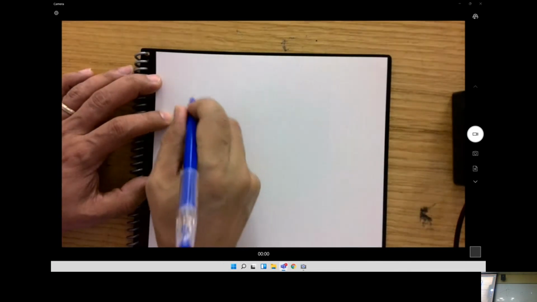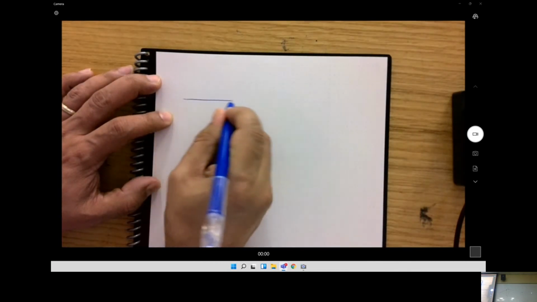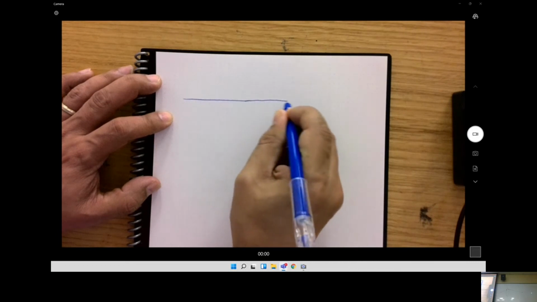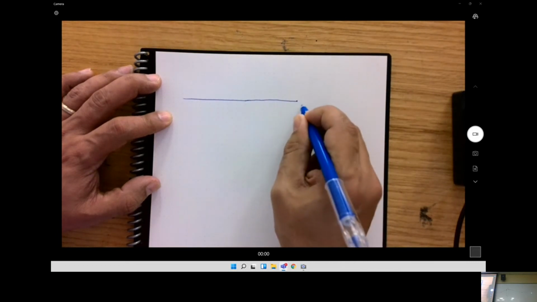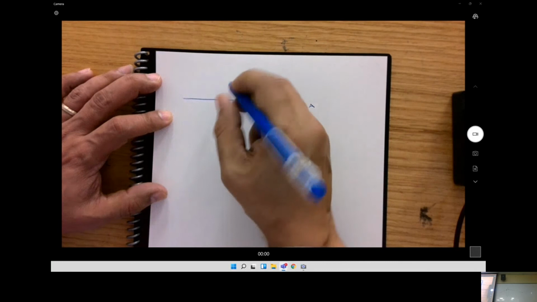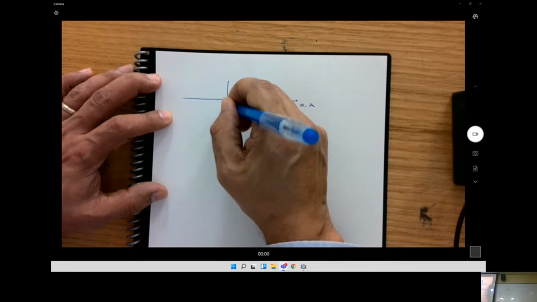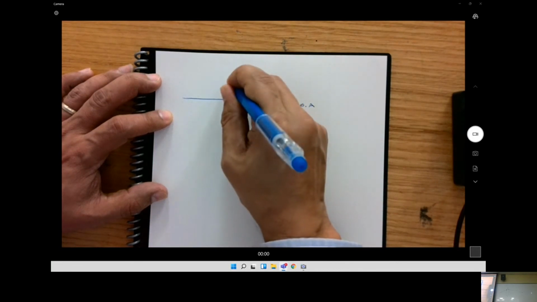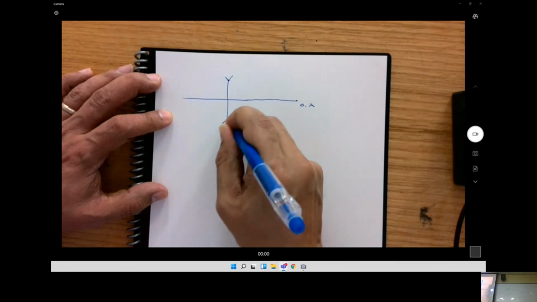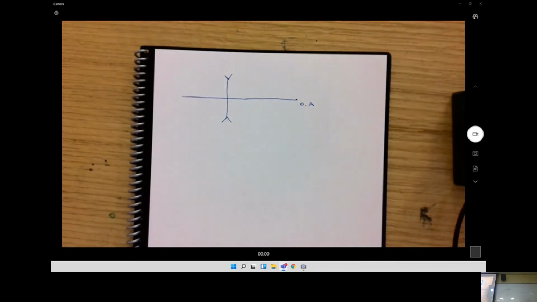Okay, now for the negative lens, we're going to do the same thing. We're going to have an optical axis, and I'm going to have the same light source, same position, same characteristics. So I'm still going to have all my rays parallel to the optical axis.